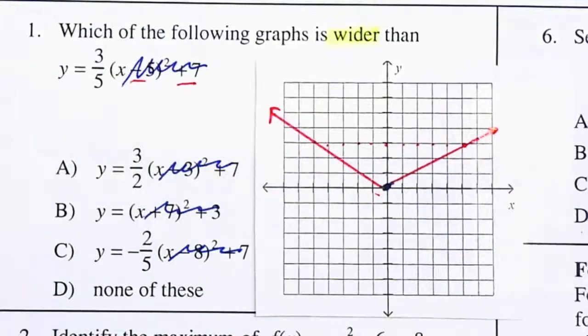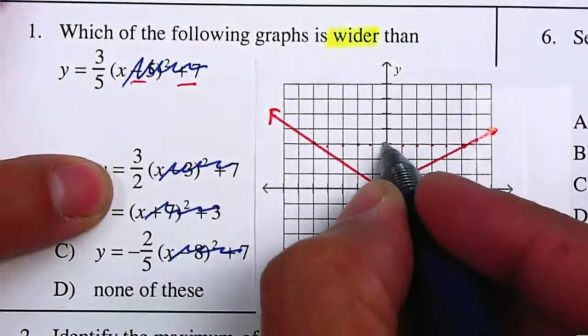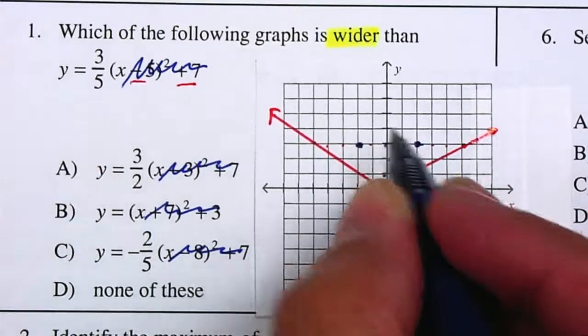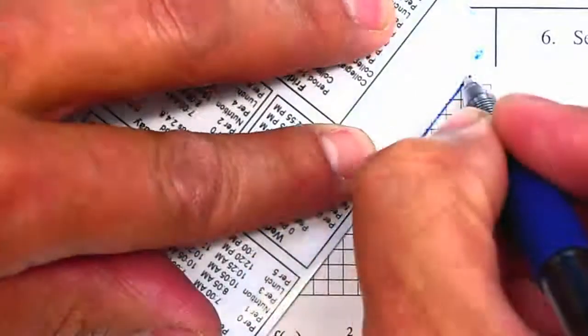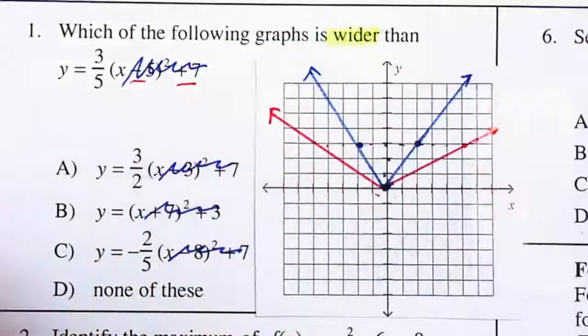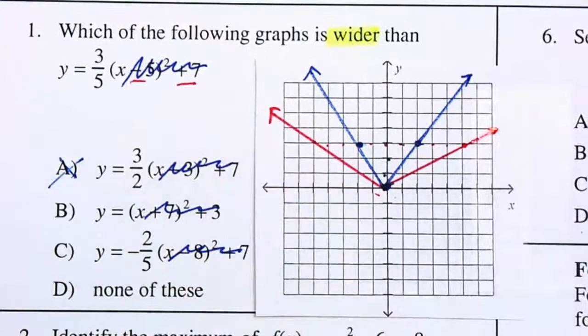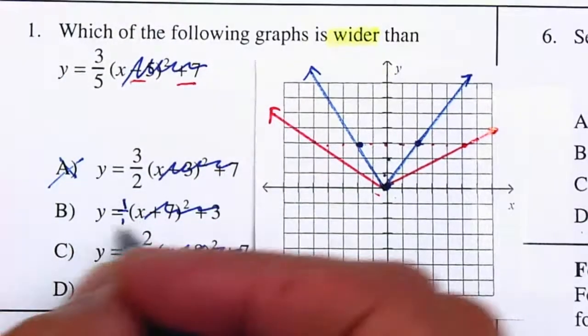On the next one, on letter A, it's up 3 and to the right 2. 1, 2, 3, and over 2. Remember, rise over run. So therefore, that one is narrower, not wider. For letter B, it's up 1 and to the right 1.